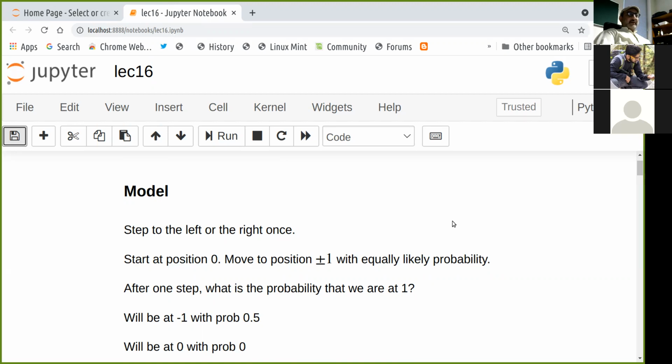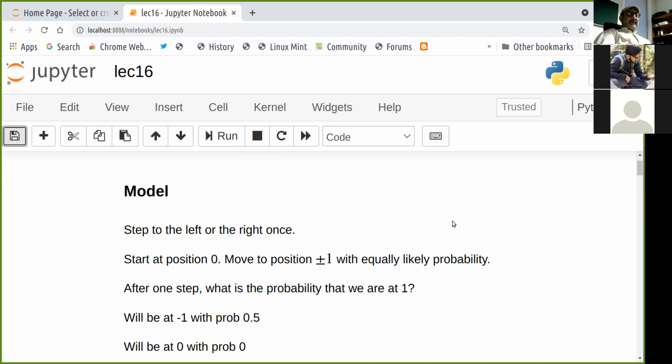Okay, so let me ask you, after that one coin flip, what was the probability that we are at position 1? Right, we were at 0. 0.5?